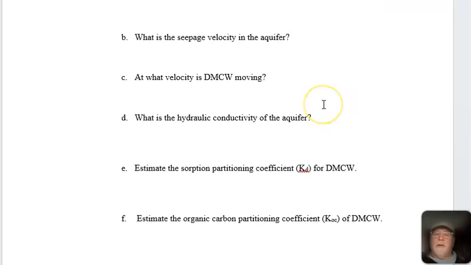Then we know that v equals K times the change in head over change in distance, over the porosity, or if we really want to be rigorous, this is a negative gradient, and we have a negative out here.